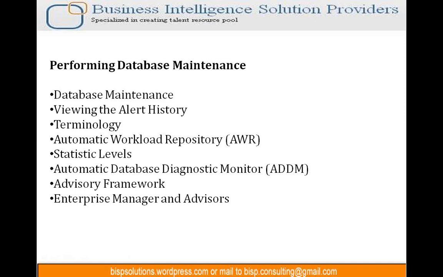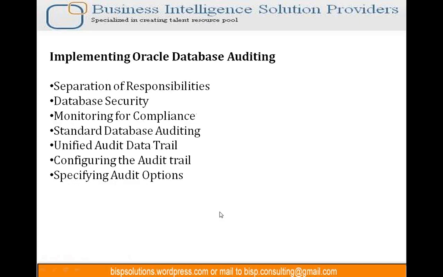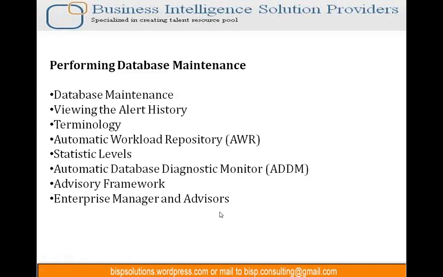When we say database maintenance, we are basically talking about looking at some kind of alert history, and we also have something called Automatic Workload Repository, which was a feature given by Oracle only from 10g onwards, where the database itself takes a snapshot of the database, the load snapshot of the database, and stores the information in the Automatic Workload Repository.